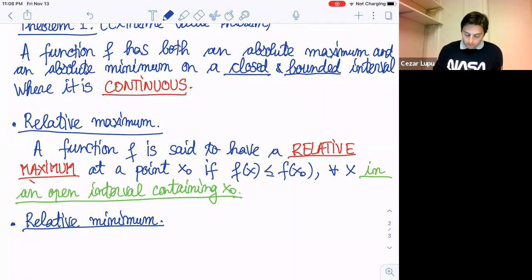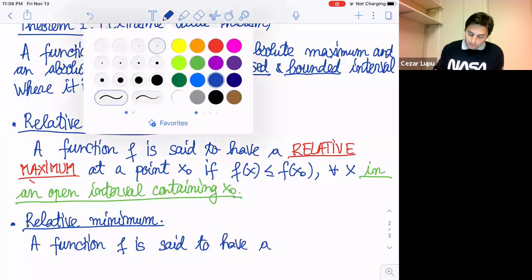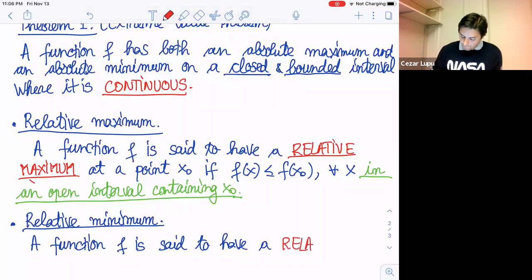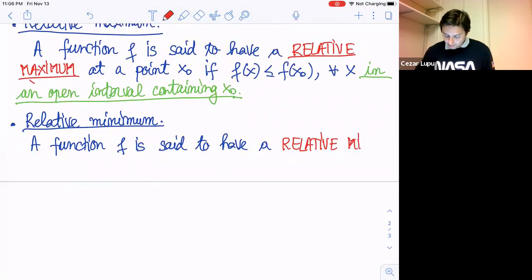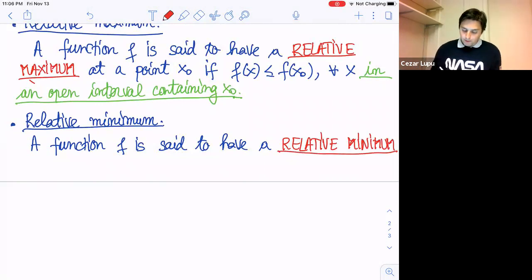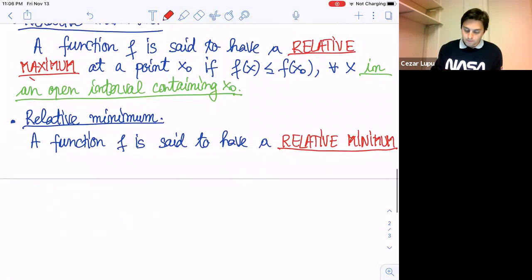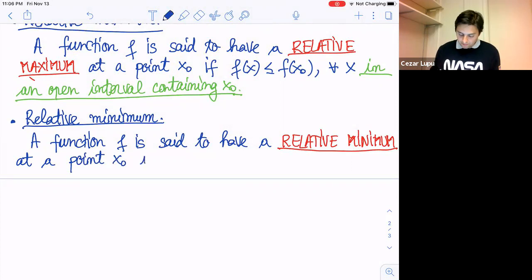Right? So a function f is said to have a relative minimum at a point x naught if the reverse inequality holds true.